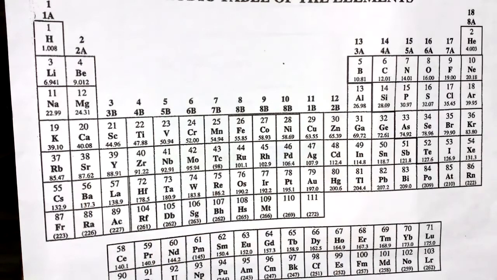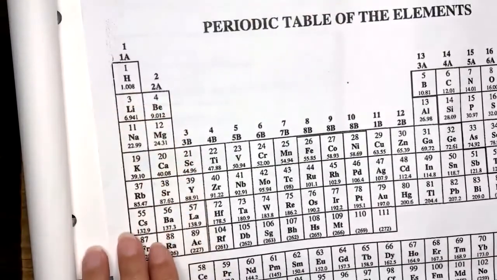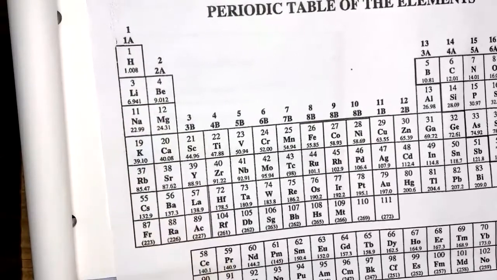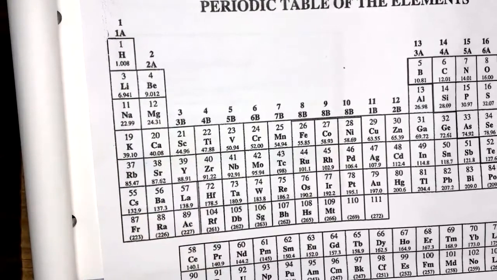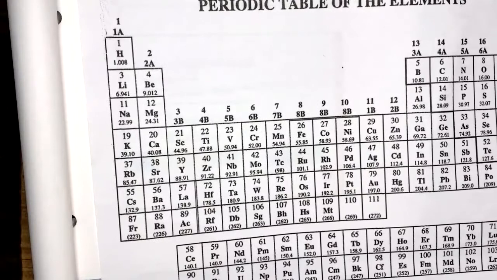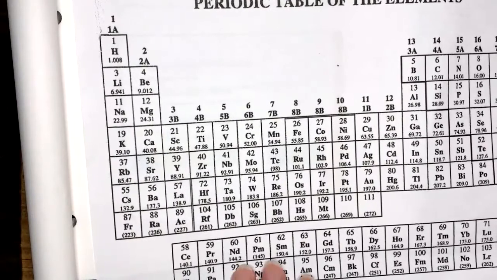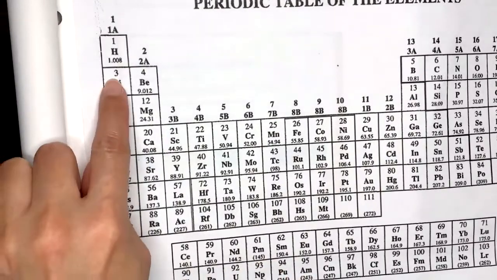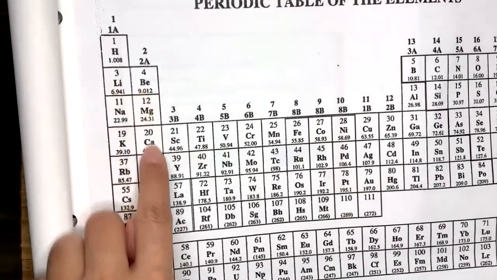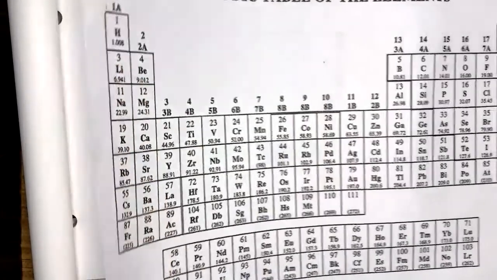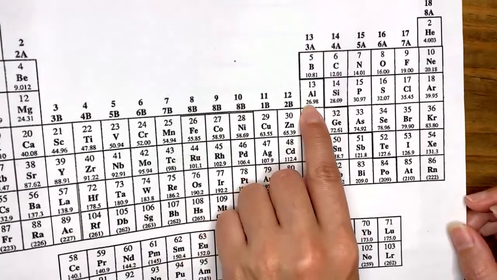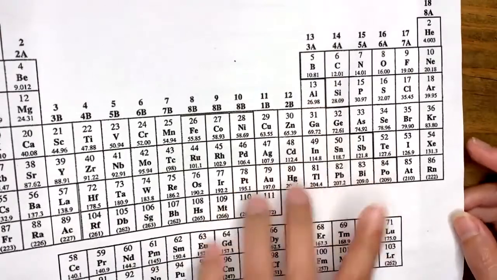Okay, and then there are those on the main table right here that are always fixed. So those are metals with constant or not variable charges. Okay, so for example, group 1 will always be +1, group 2 will always be +2. Okay, and then remember aluminum is always +3.